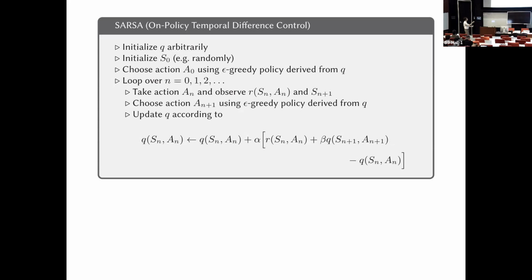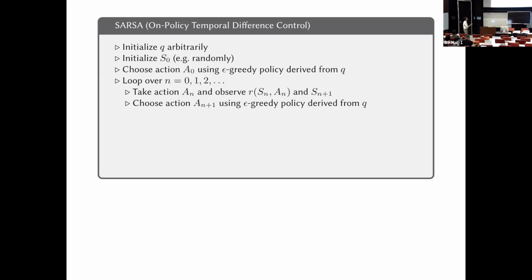So we have to choose somehow the optimal action in our computation of Q. So we can do that maybe with a different policy, to get a better approximation of Q and a better approximation of optimal.